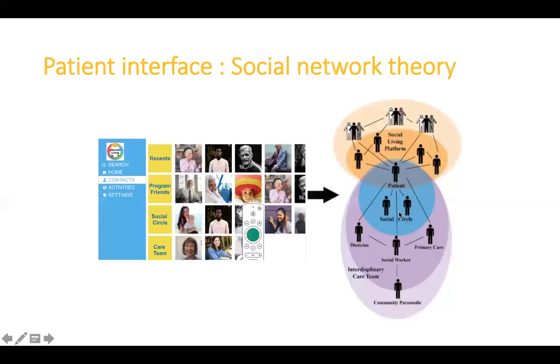That's what we use to describe the patient's existing support structure, which consists of family and friends of the patient before they come into the program. Then we have the patient in the center. And here we have all of the relationships that the patient would make through the platform, interacting with people through the group therapy sessions, clubs, activities, and so on.